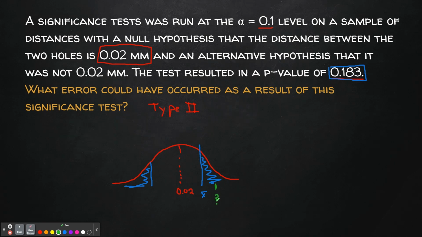There's some true value that is the actual mean distance between these two holes in this problem, and then the actual sampling distribution looks like this. And since we got an x bar that's reasonably close to this mystery true number, but is also reasonably close to that 0.02, we failed to reject the 0.02 even though it is false. And this is a type 2 error.